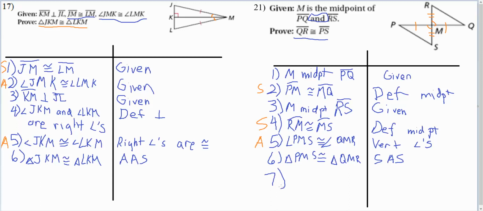And finally, since we just proved that triangles are congruent, we get to write our proof statement. So QR congruent to PS, and that is CPCTC.